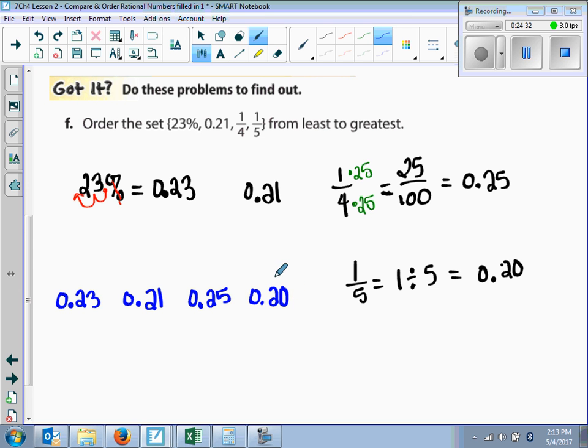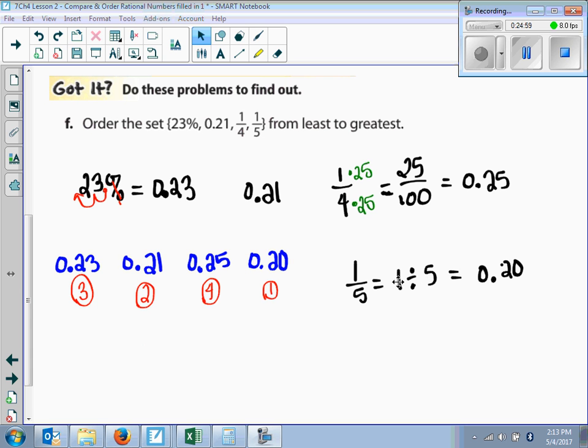Now, this is how I like to put this in order, nice and easy, right? You just put them in order, least to greatest, by putting a number underneath. So which one's the first one? 0.20. What's next? 0.21 is next. What's next? 0.23. And then 0.25. Very good. So now, when you write your final answer, you are to write the original numbers.